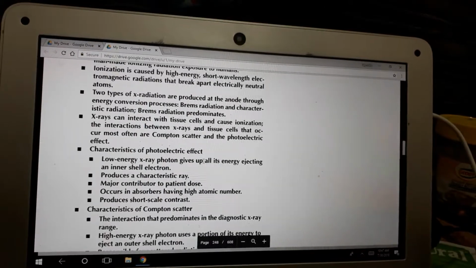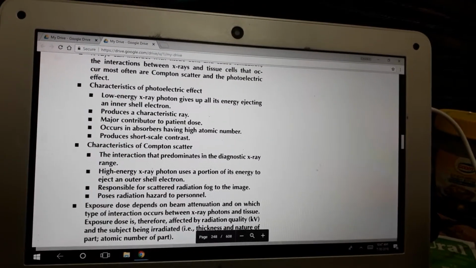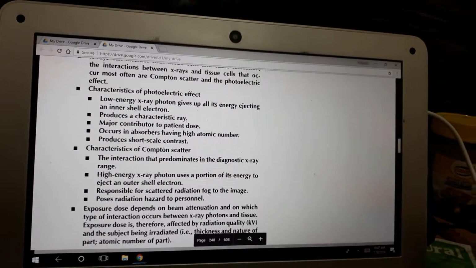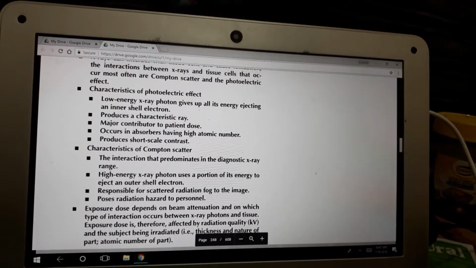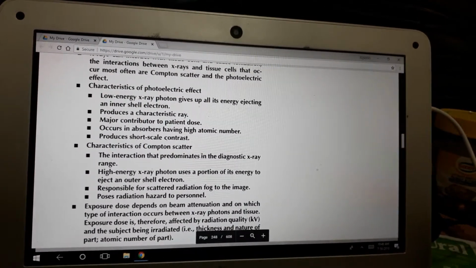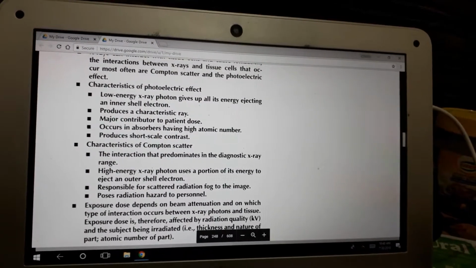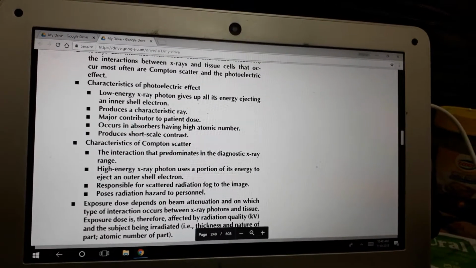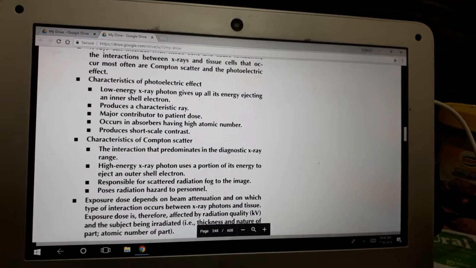Characteristic radiation and the Compton scatter interaction is the predominant one in diagnostic X-ray. The high energy X-ray photon uses a portion of its energy to eject an outer shell electron, responsible for scatter radiation fog on the image, a radiation hazard to personnel.